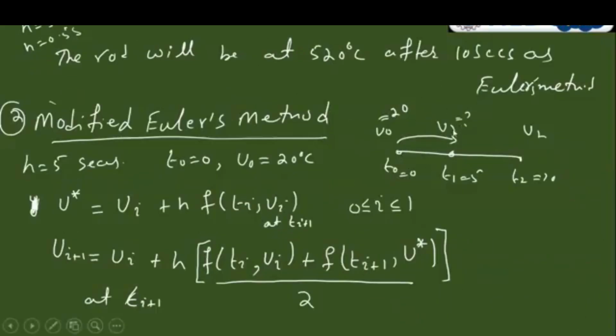But to move from this state to this state in modified Euler, I need to perform two calculations. First, I need to find u star, and then I have to find u1 based on this. Now I will use index 1, so I will use only this data to move from there to there. Same thing, due to the modified Euler, I have to perform two calculations. So this is how the process works.